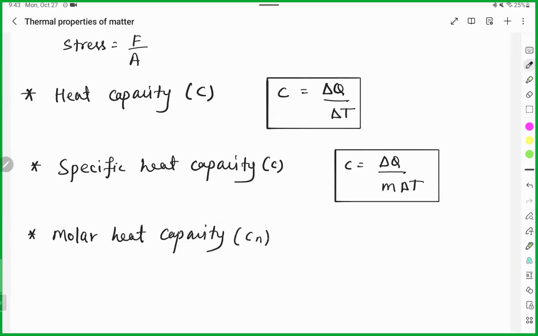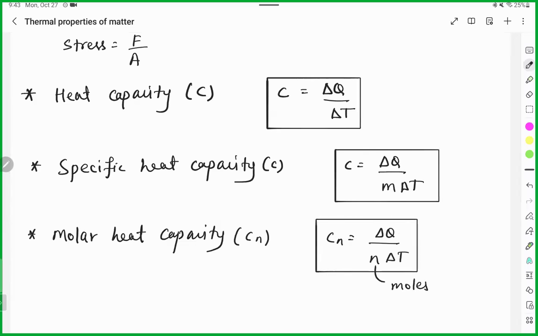Pratigya, what is molar heat capacity? We require it for 1 mole. Yeah.